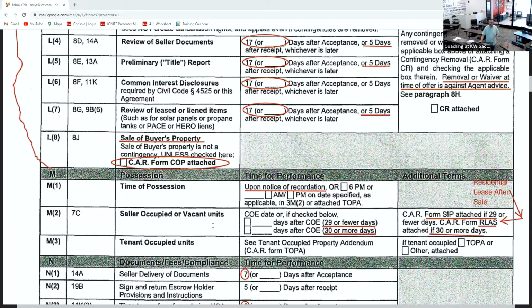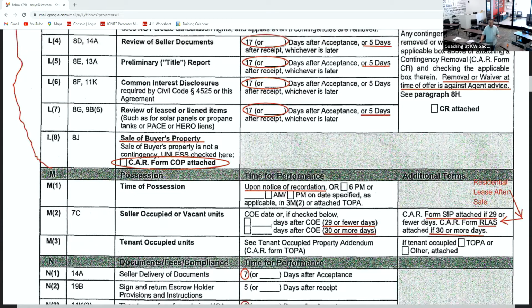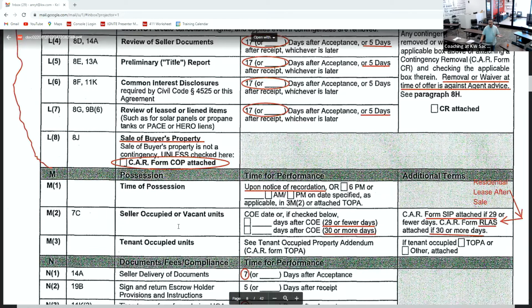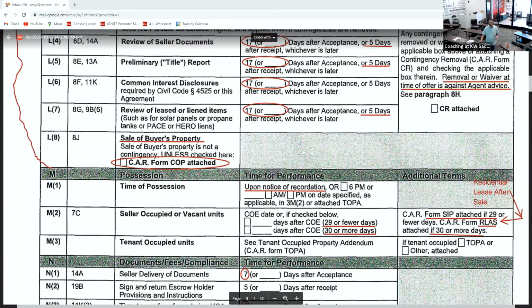So, you want to think about occupancy after the sale and things like that. It is not necessarily a bad thing to allow a seller to continue to occupy the home after the close. And you can use this as a guideline here.